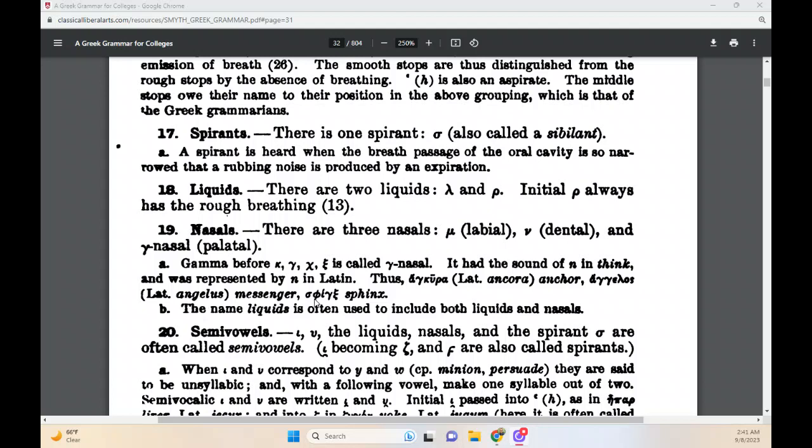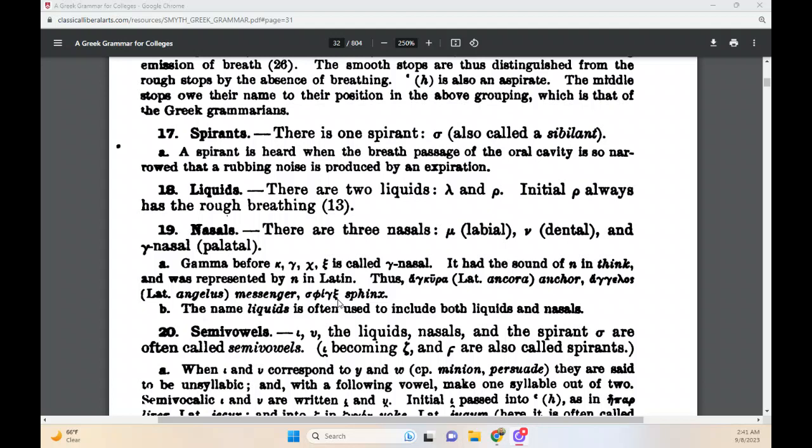And then lastly, we have sigma, phi, iota, gamma, xi. So we have gamma before xi. That's called gamma nasal. So this word we have sphinx.